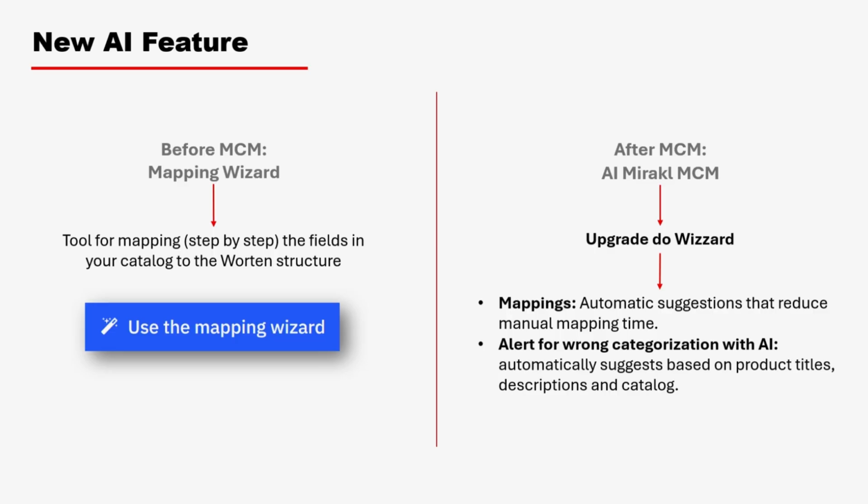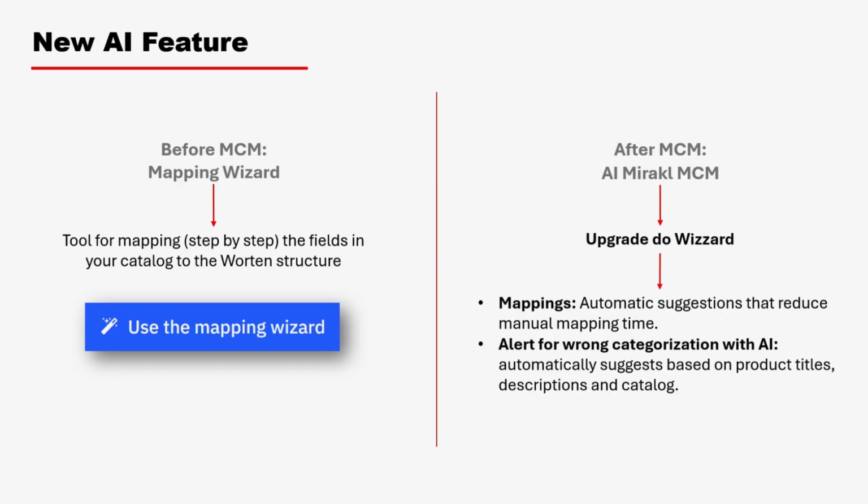Now, with MCM, we have AI, which introduces new smart capabilities such as automatic suggestions that reduce manual mapping time and alerts for wrong categorization, with AI that automatically suggests based on product titles, descriptions, and catalog.